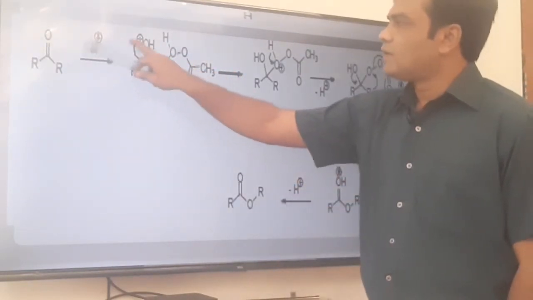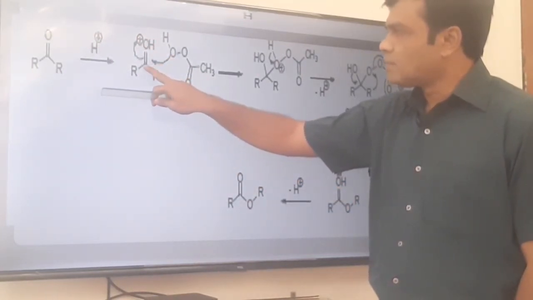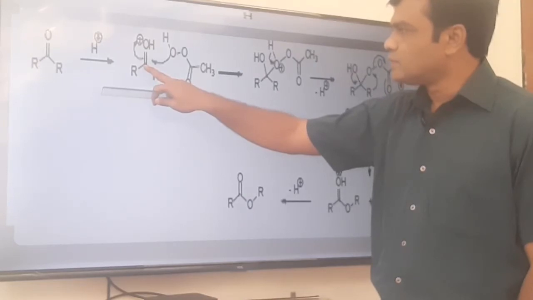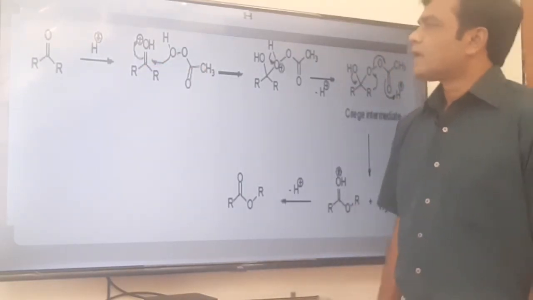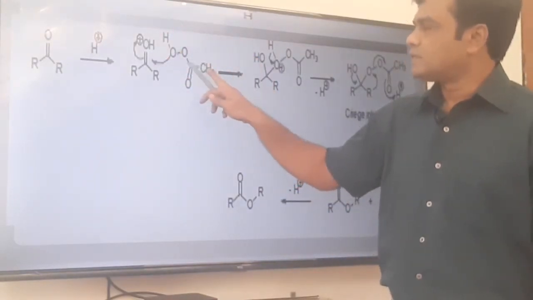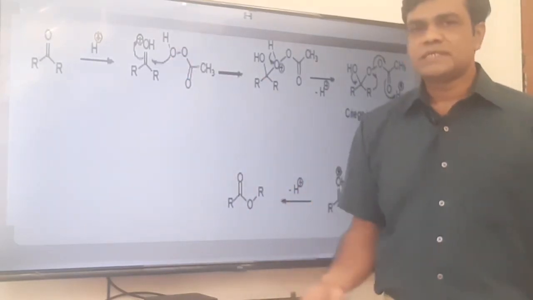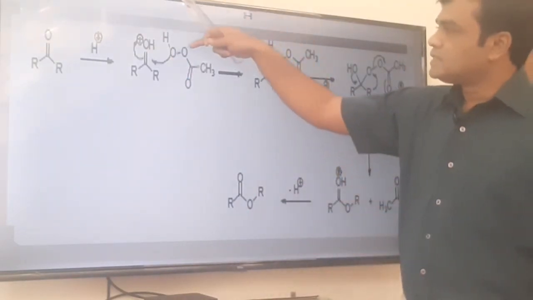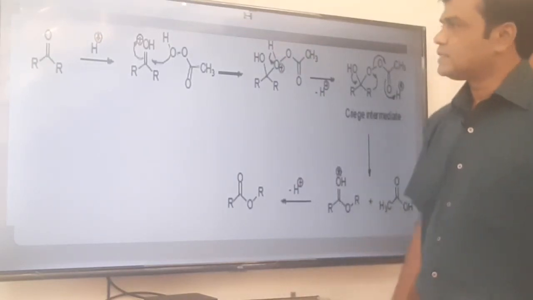After that, these pi bonded electrons are open on the oxygen. Now this carbonyl carbon becomes deficient, it has the positive charge. Carbonium ion formation takes place, and this is the peroxy acid, CH3 double bond OOH. CH3COOH means acetic acid, and one oxygen is extra there, that's why it is called peroxy acetic acid or peracetic acid.